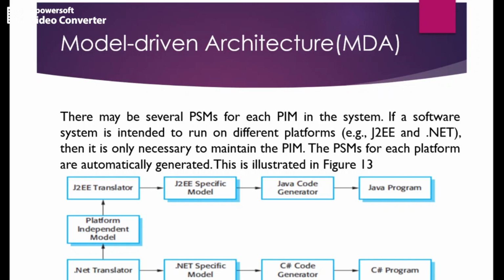The PSM for each platform will be automatically generated, so you need not bother about it. You can look into this figure, multiple platform specific models: one platform independent model, where you run the system on the Java platform as well as the .NET platform.